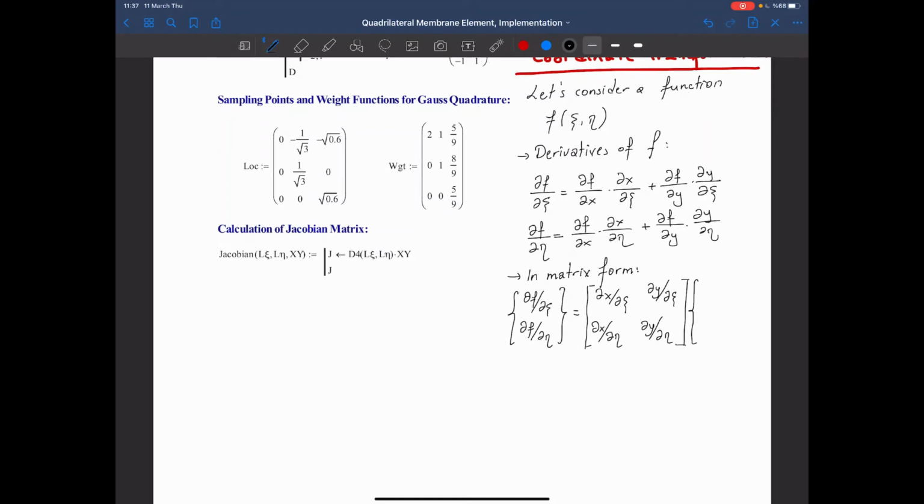And here I have del f over del x, del f over del y. And if you remember that, we call this matrix J, and it's the Jacobian matrix.